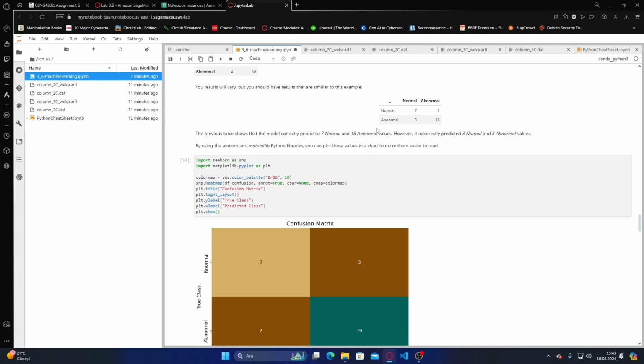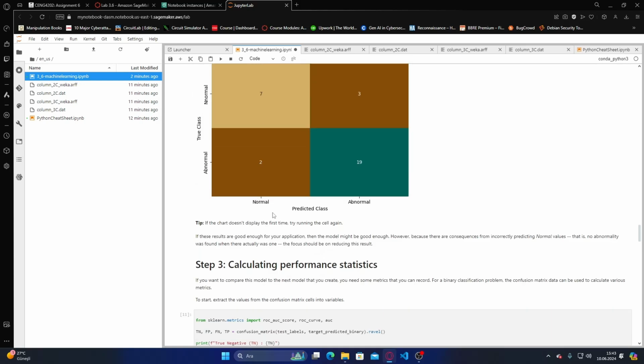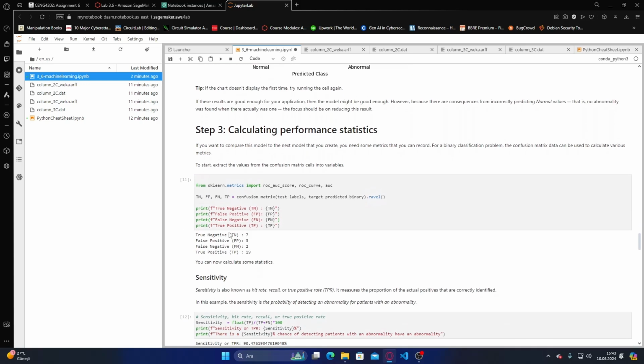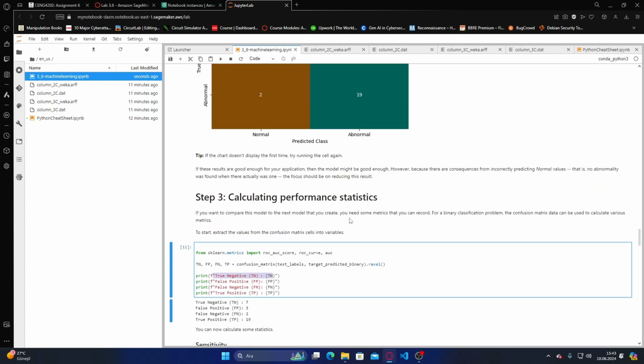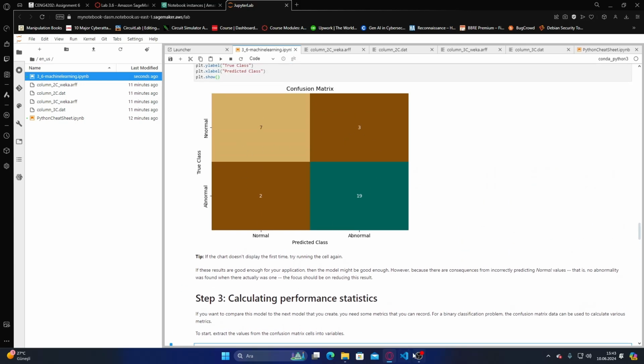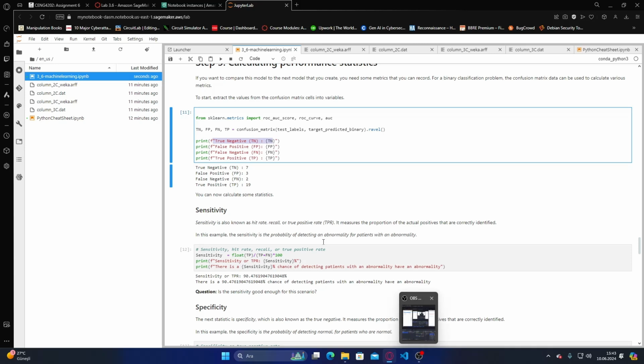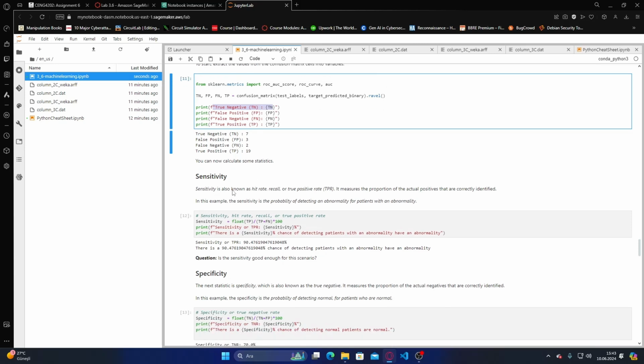As I said here, the true positives, false negatives, and true positives are here. The sensitivity is also known as hit rate, recall, or true positive rate (TPR). It measures the proportion of the actual positives that are correctly identified.